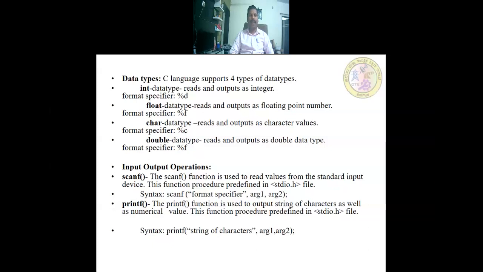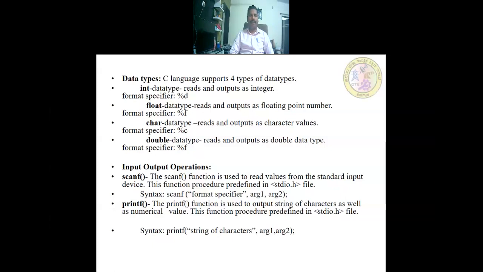The ampersand is an address operator which gives the address location of the variable. And in C programming language, argument 1 and argument 2 are separated by a comma.